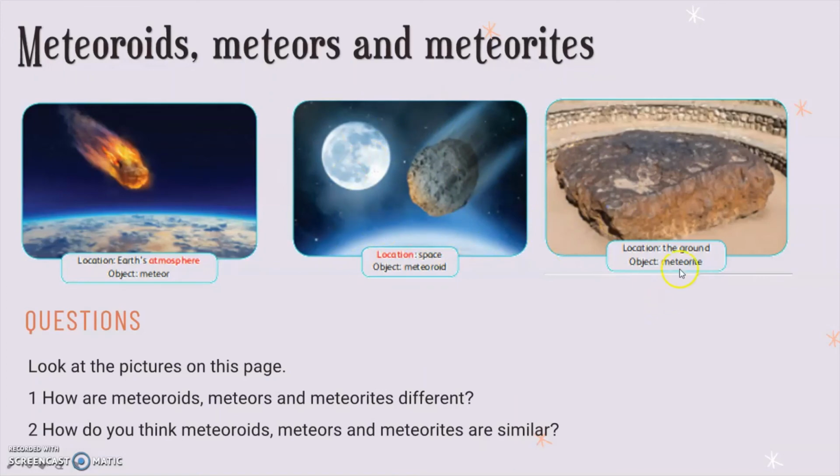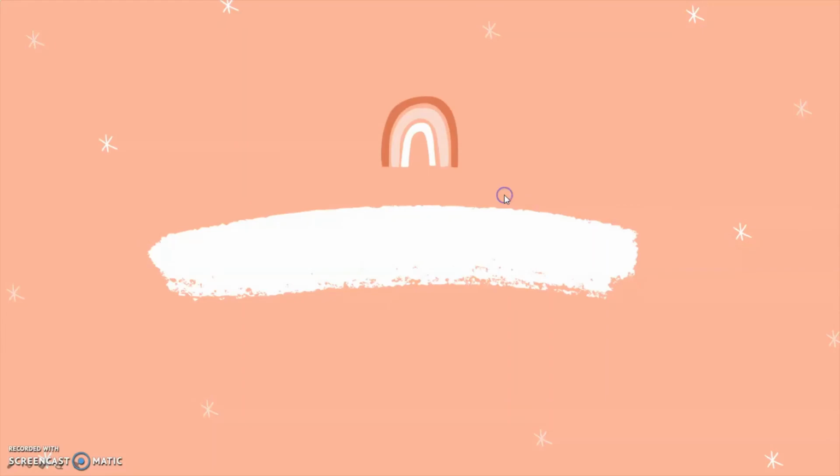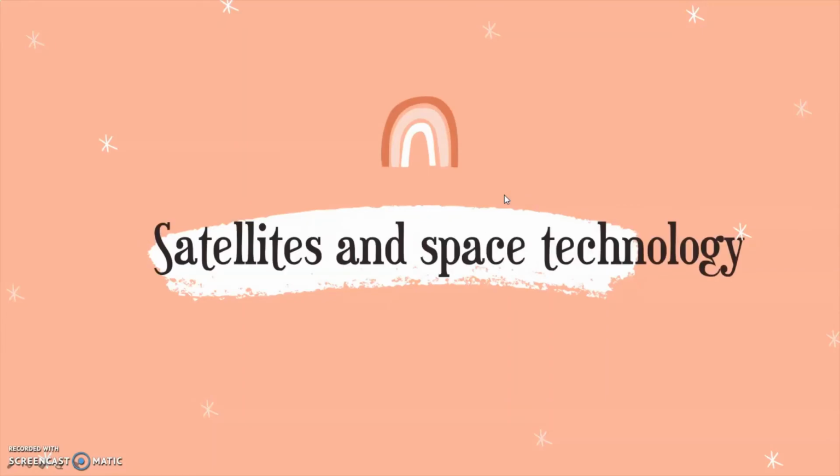And then meteorite, location, on the ground. And then, what makes them similar? Yes, they are all lumps of rock. Good job.